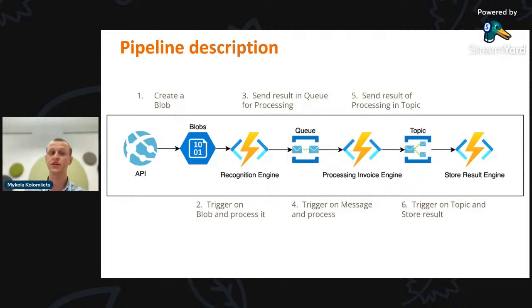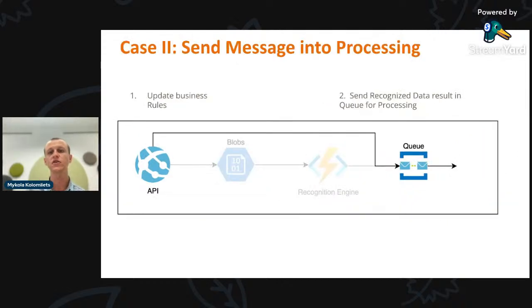And based on this pipeline, based on these rules, we can have another case when you don't need to recognize the document, because it is my simple example. The user just updates the business rules somehow, and we need to recalculate the full result based on these changes. For example, the commission percent of the system changed.